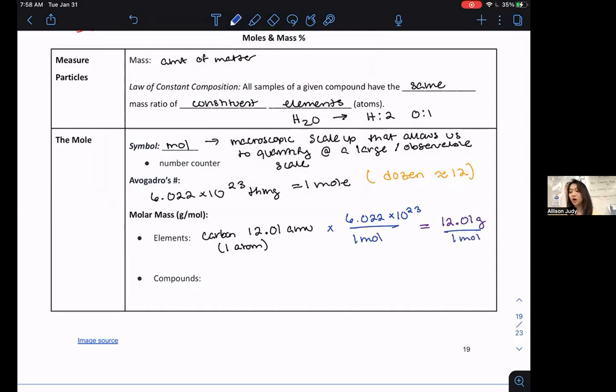So carbon has a molar mass of 12.01 grams per mole of carbon atoms.